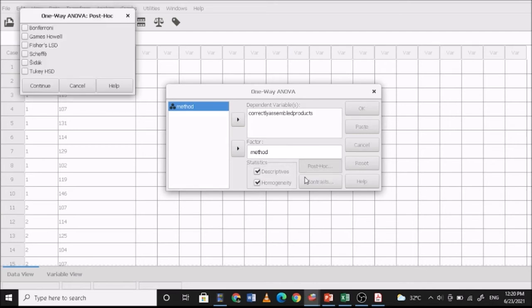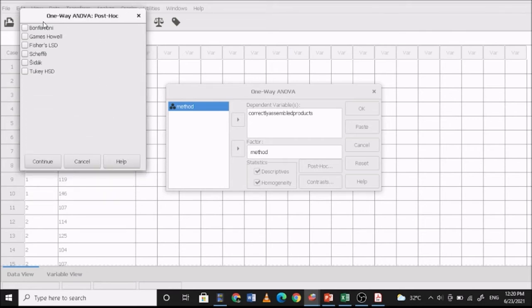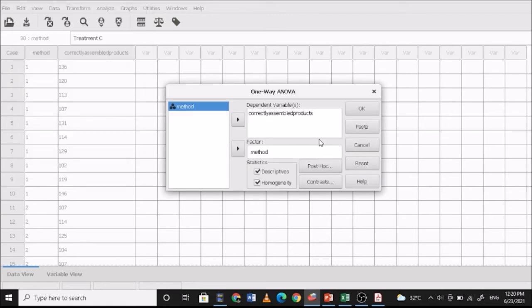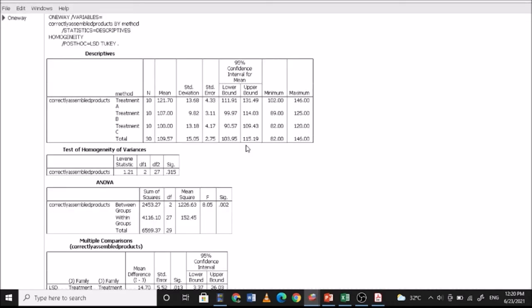Then you click on post hoc. Usually you use Tukey or Scheffe or Fisher's. Fisher's or Tukey, this one. So this is now our results.